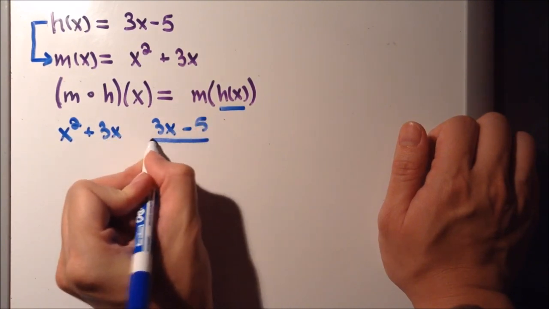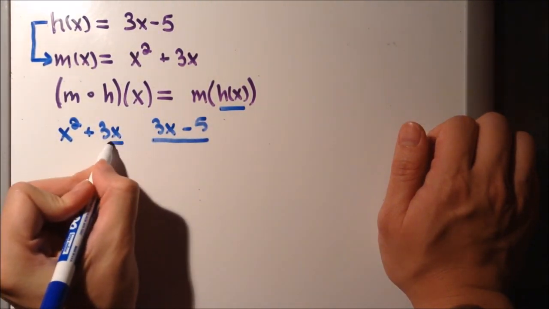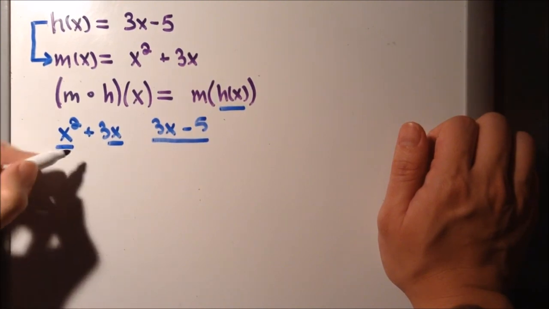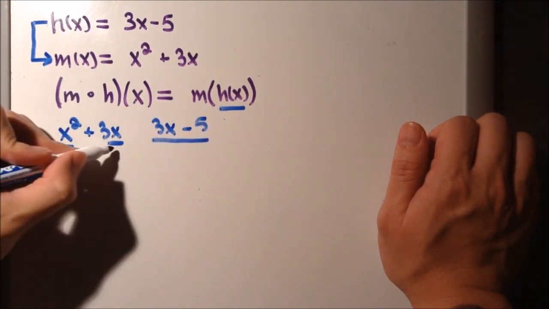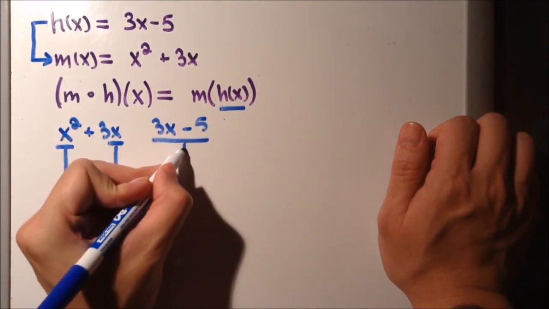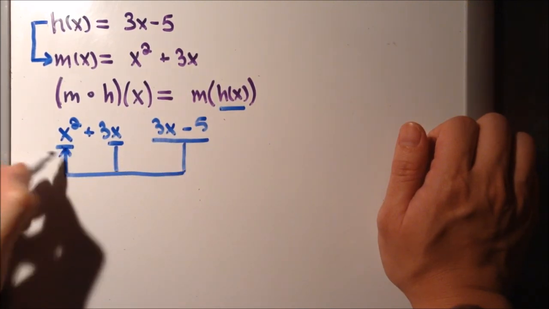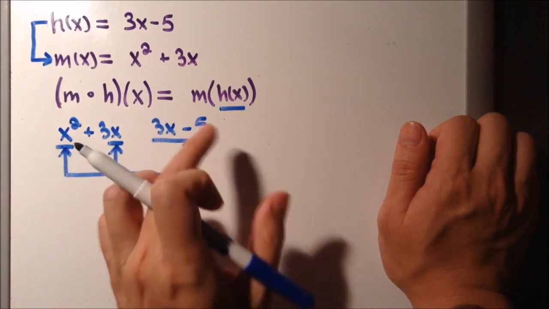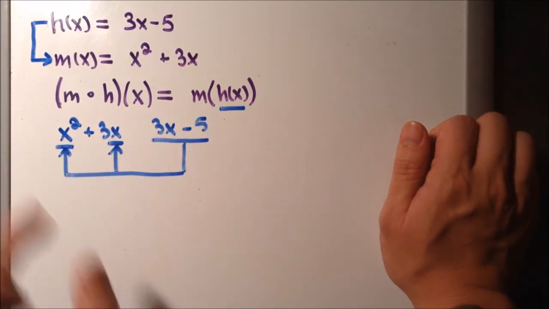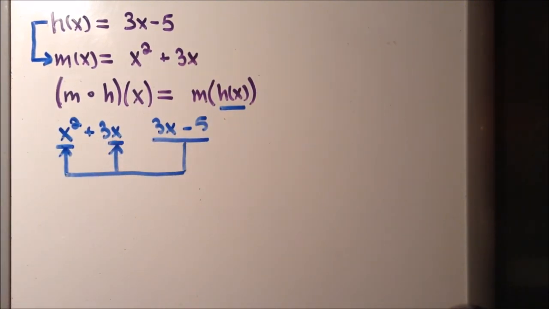This whole thing will go into all the x. Again, h of x will go into all the x of m of x. I'm going to write it on this side because there's going to be a lot of work.